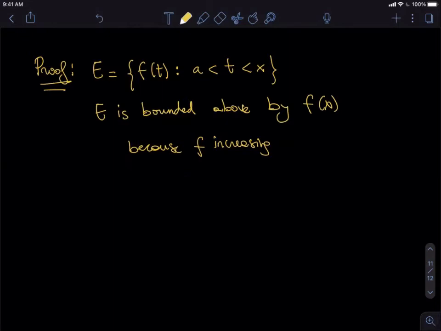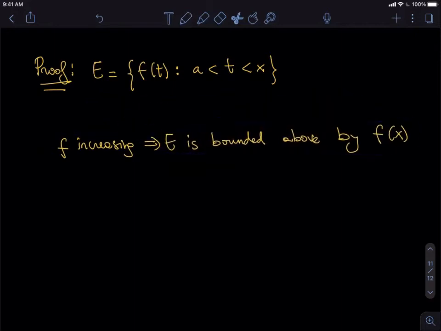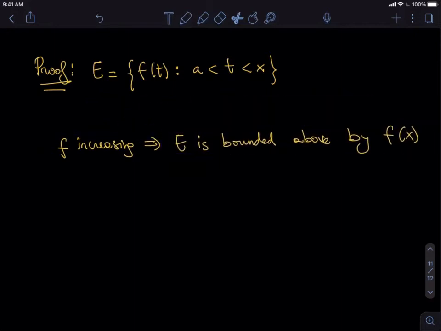Okay, because that's the largest it can get. It's monotonically increasing, so it will be largest the more we move towards the right. So if we want, we can write this: f increasing implies that E is bounded above by f of x.